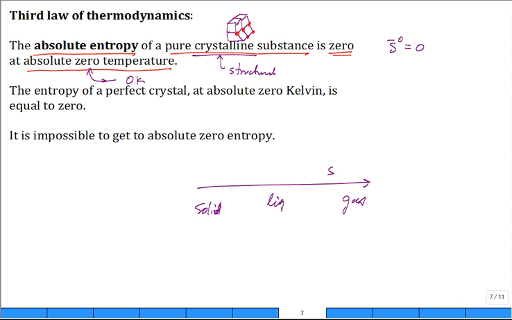They would be rigid in location at 0 Kelvin. Hence they don't move, and everything is well defined in its location. There's no randomness, no disorder in it. Hence it has a 0 absolute entropy value. A couple comments: it's impossible to get to absolute 0, but we use it for calculation purposes.